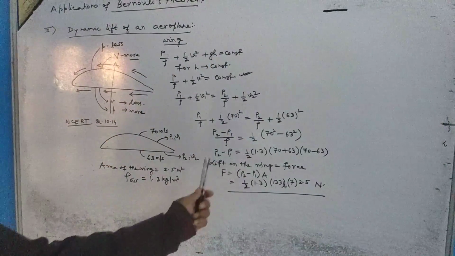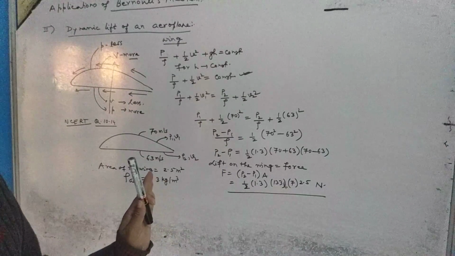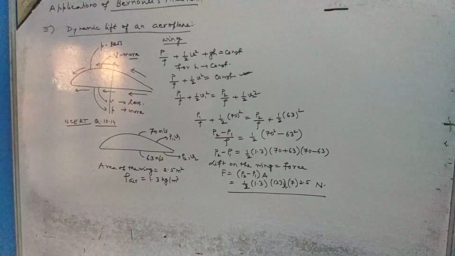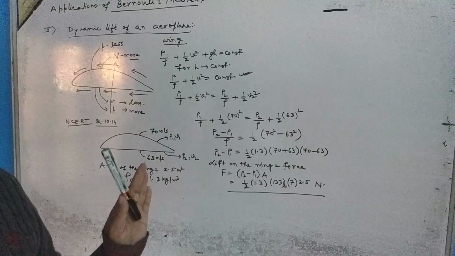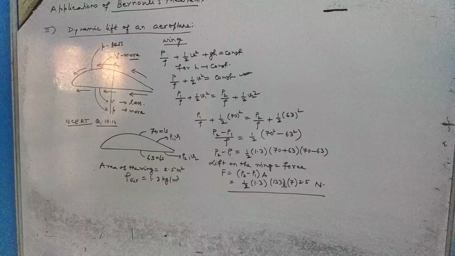Please work it out and check your answer. I think you can do it very easily. You just do it and check your answer. You can check your answer with the help of this. Okay?